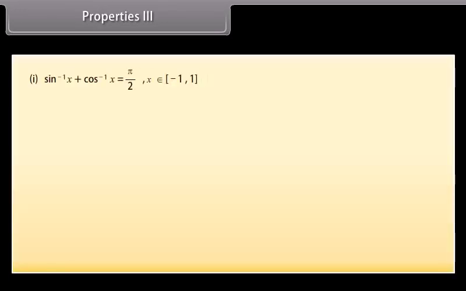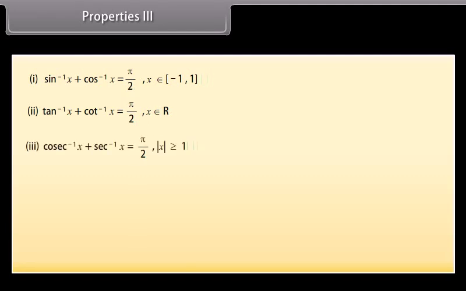Properties 3. Sine inverse x plus cos inverse x is equal to pi by 2, x belongs to [-1, 1]. Tan inverse x plus cot inverse x is equal to pi by 2, x belongs to R. Cosec inverse x plus sec inverse x is equal to pi by 2, modulus of x is greater than or equal to 1.